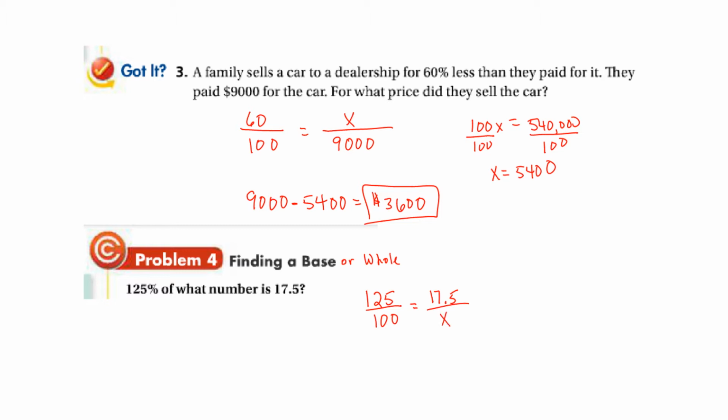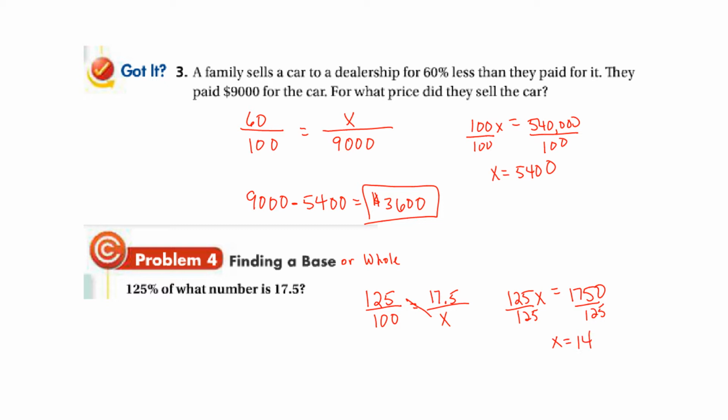So now I'll do my cross products. 125 times x is 125x. 100 times 17.5 is 1750. Divide 1750 by 125, and I get x equals 14.